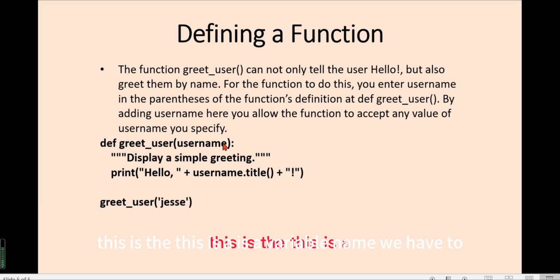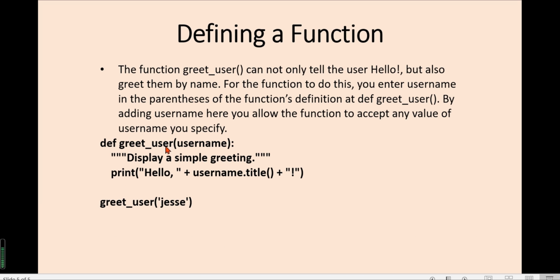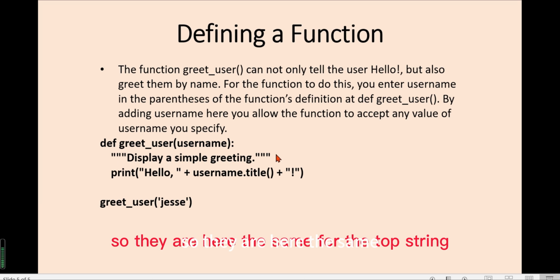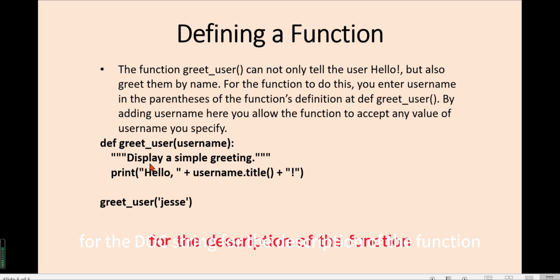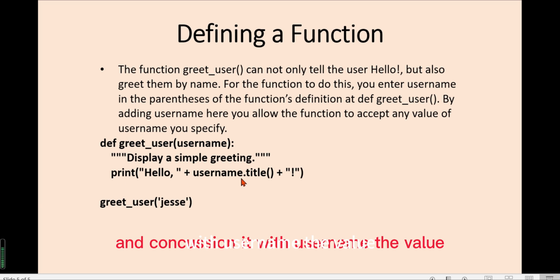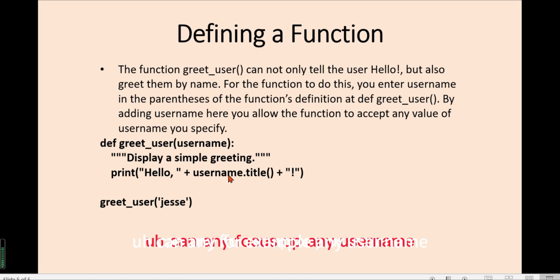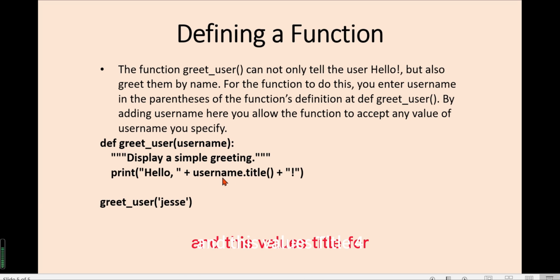This is a variable name we put here to give information to the function, because when the function is running, it needs this information. The docstring is the same, for the description of the function. Next we print hello concatenated with the username's value, with the title method applied.